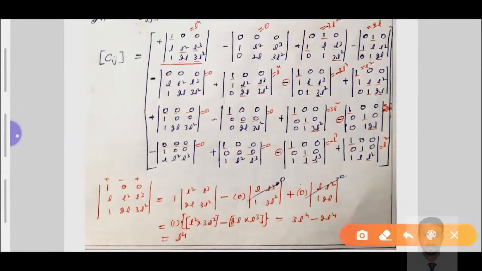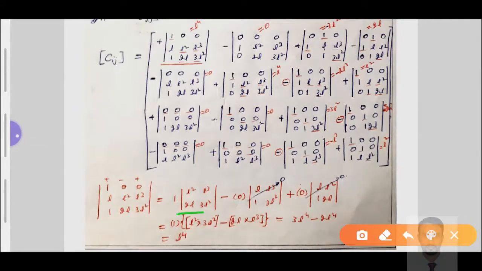The first determinant is equal to, we know the signs plus minus plus: 1 into this value, with this eliminated, you will get 0 into this value L cube 1 3L square, and then this 0 into L square 1 into 2L. So we have this first one 1 into this value, 0 into this value, 0 into this value.